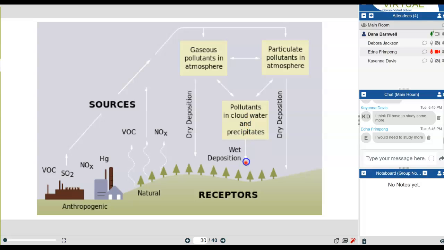So if this falls to the ground, you're basically spreading sulfur dioxide that's been made into sulfuric acid either directly onto the trees, or maybe it's going into the soil. And if it goes into the soil, it's going to start causing pH problems in the soil. Or if it goes into the pond, it's going to start causing pH problems in the pond, a lowering of those pHs, things are going to become more acidic.